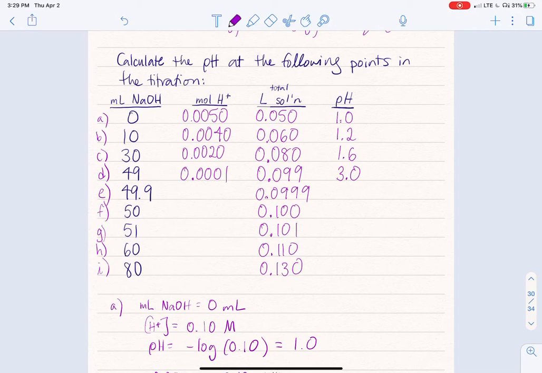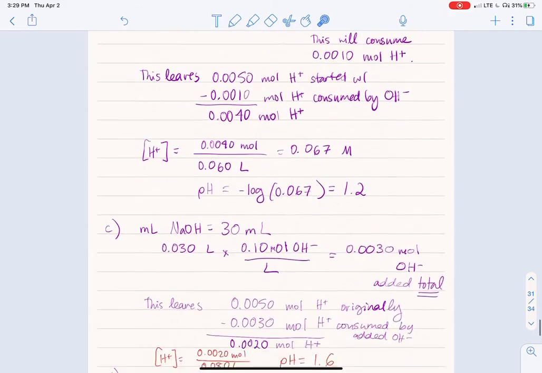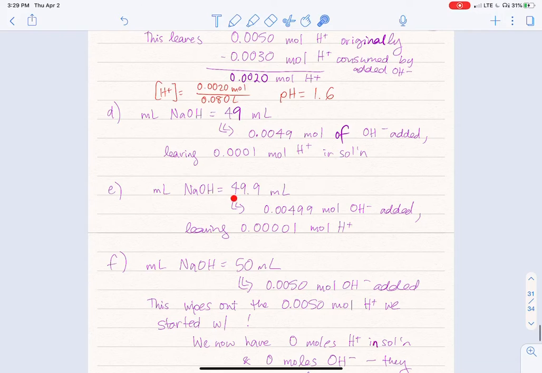If I get even closer to the equivalence point, adding 49.9 milliliters of sodium hydroxide, that's going to look like a similar calculation, except even more extreme. This has added just a little bit more, 0.00499 moles of hydroxide, and that's going to leave only 0.00001, okay, 4 zeros, moles of protons in the solution.